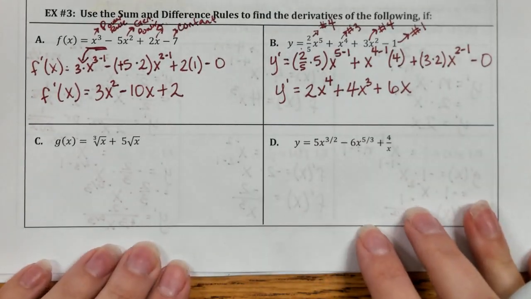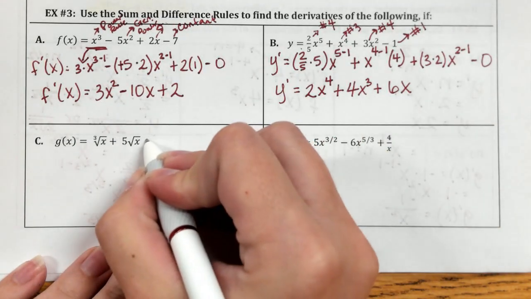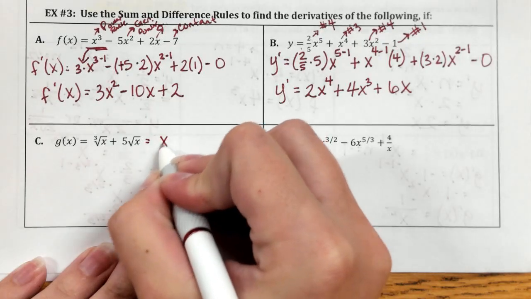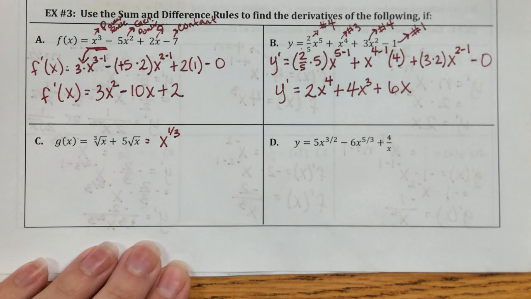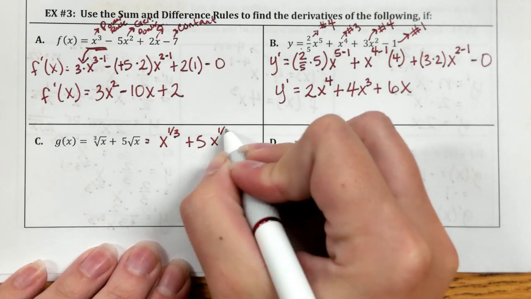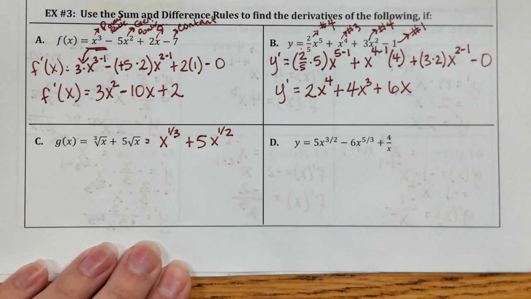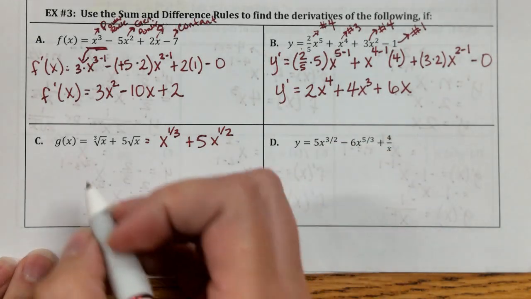Okay, anyways. So on this one we have to rewrite it to make these rules apply. So this is x to the 1/3 plus 5x to the 1/2. So on our first one, we're going to be using the power rule.